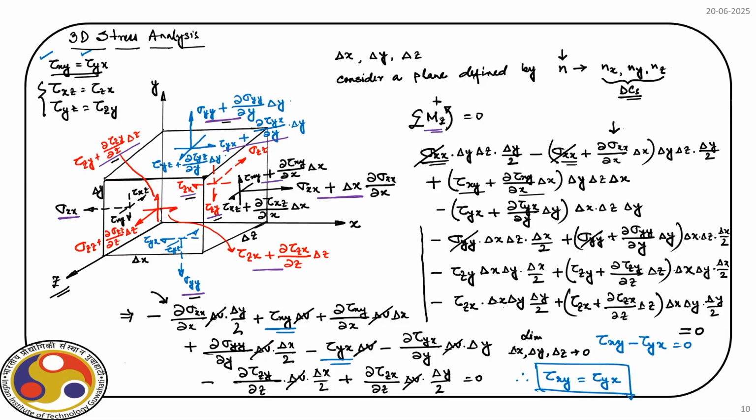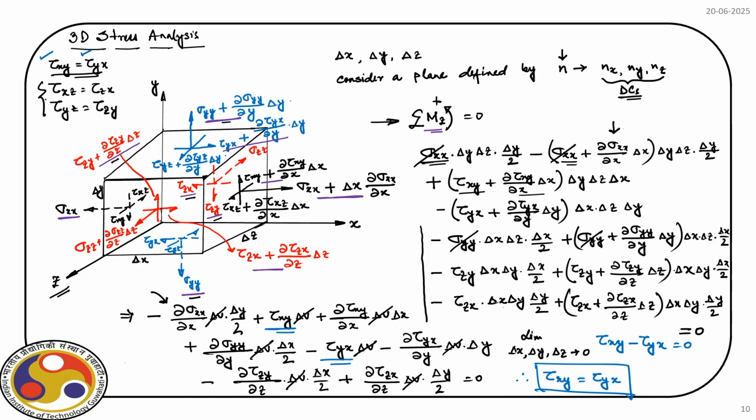You have to find out the moment about x and y axis, sum them up and use a sign convention. Here anti-clockwise is positive. So, sum all the moments about x and y axis equal to 0, and you can easily prove the remaining two. That I leave it as an exercise for you. Otherwise, it completes the proof, and we can now safely use that cross shears are equal in a 3D stress field. So, 3D stress field is symmetric, right.